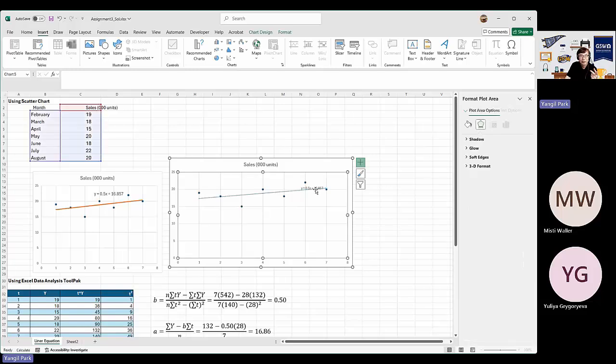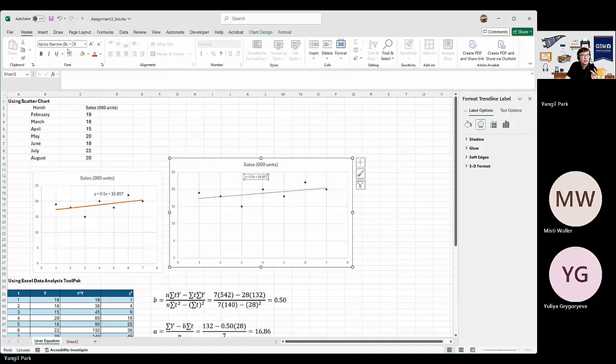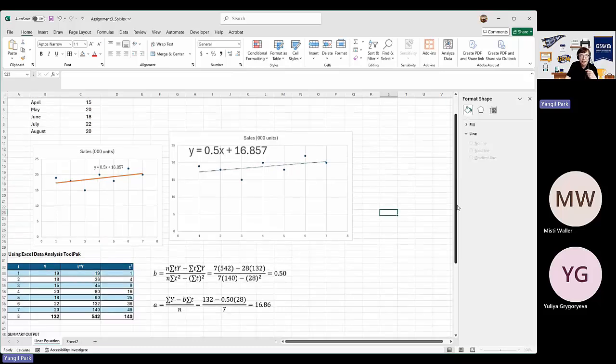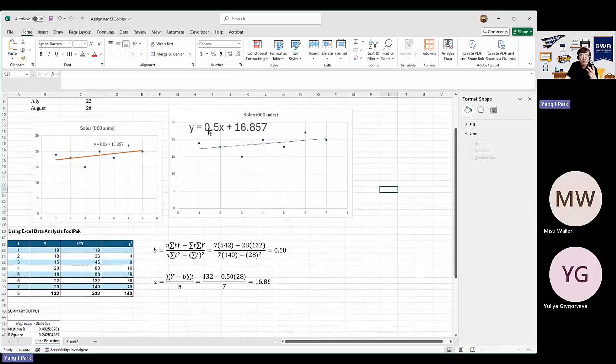And you can just maximize this. Right? Looks good. So that's your equation right away, right? Even though you don't have all those calculations yet, you already know 0.5, that's the slope, 6.85, that's the intercept.